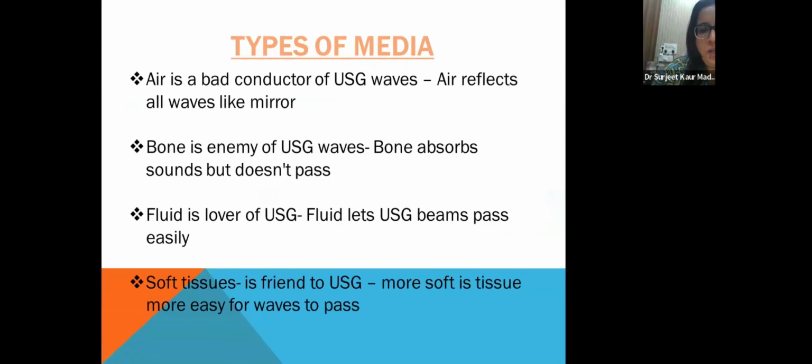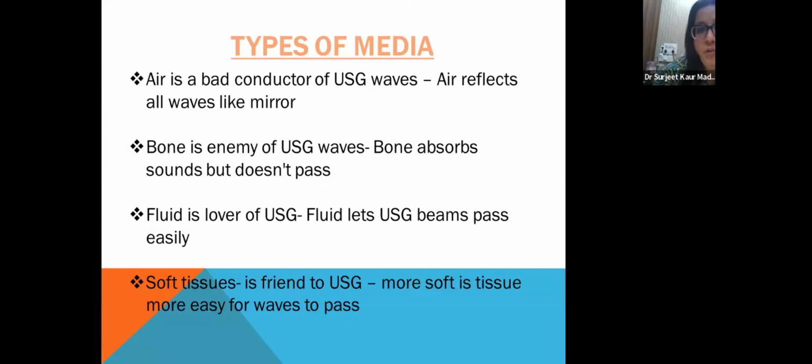Before starting with lung ultrasound, we'll go through a bit regarding the media present in our body, like the air, bone, fluid, and the soft tissues. Air is a bad conductor of ultrasonic waves, and whenever the beams reach air, all the waves are reflected back like a mirror.